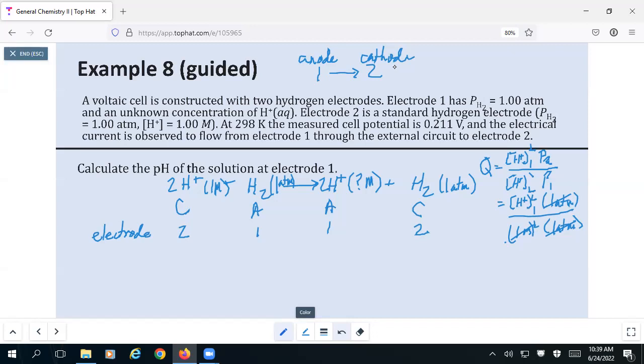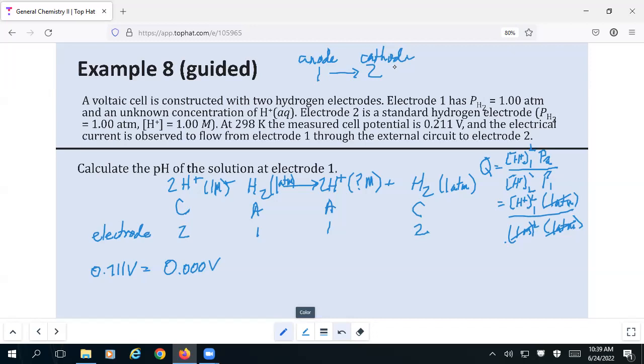Nernst equation says we got a potential of 0.211 volts. Since this is a concentration cell, our standard potential would be 0, because that's the same reaction, front ways and back ways.